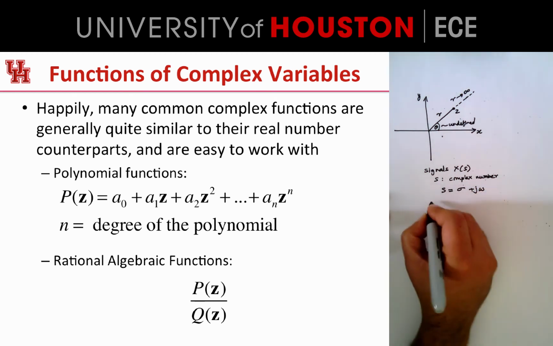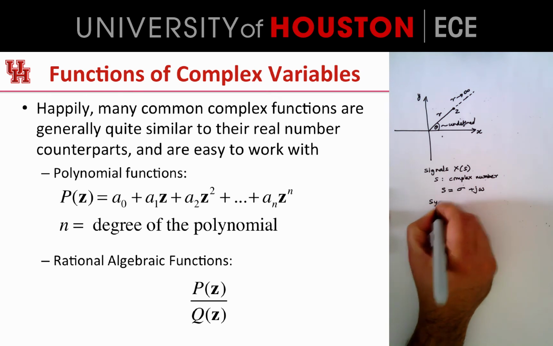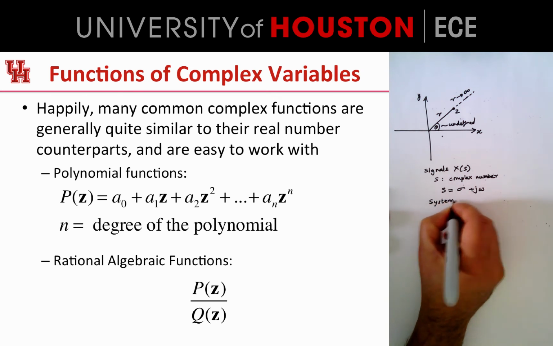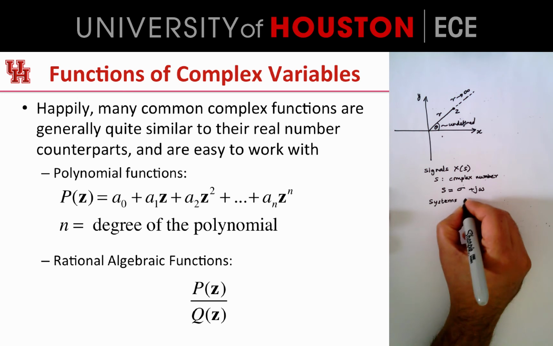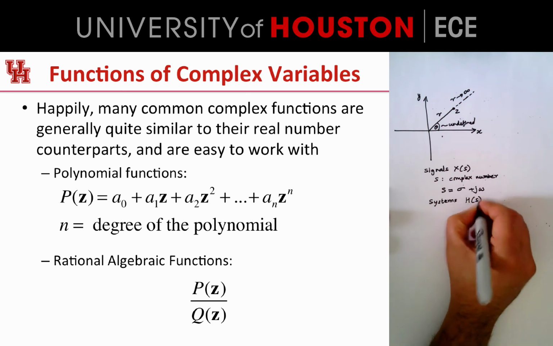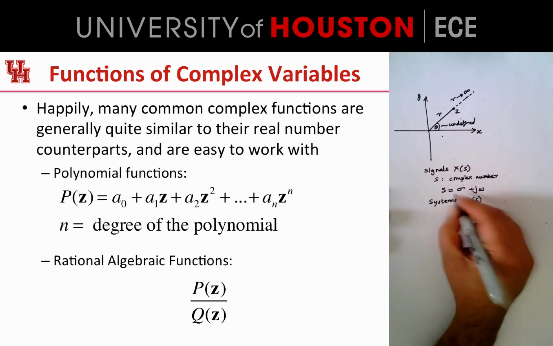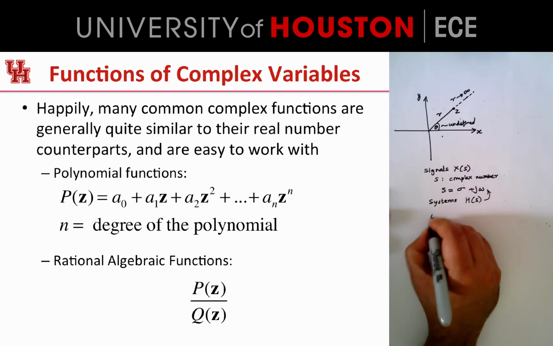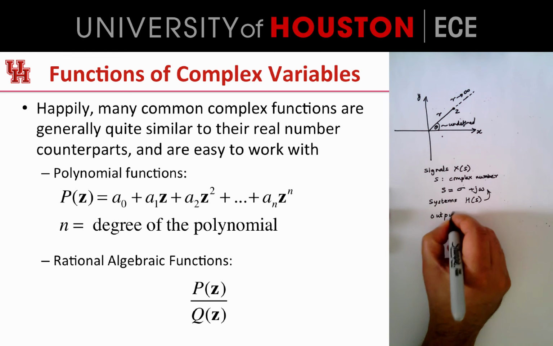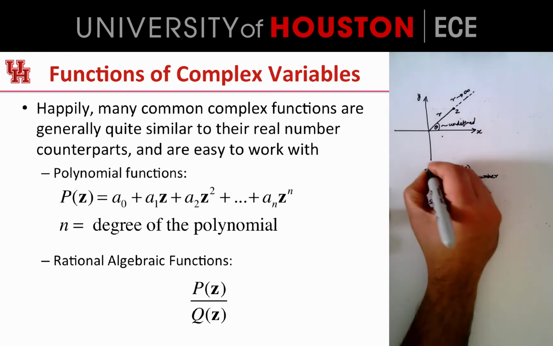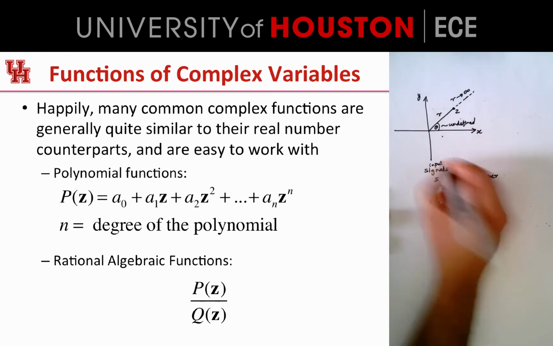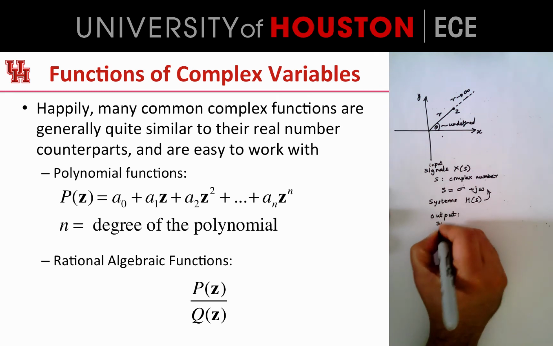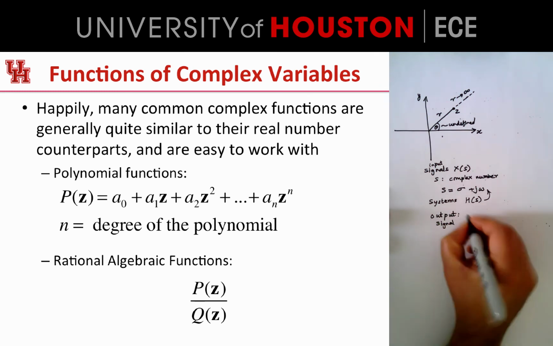And then we're going to represent systems using complex notation, and we're going to call them, say, h of s, where s is the same thing, right? And the output of a system is another signal. So x of s would be an input signal, and y of s could be an output signal, right?